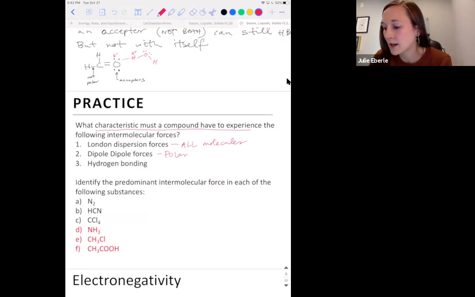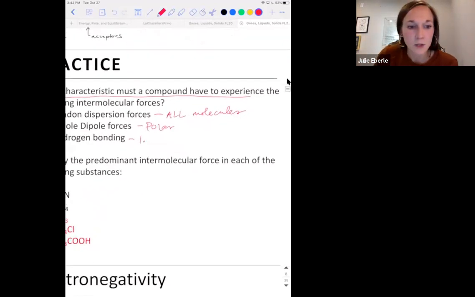Okay, hydrogen bonding, what were the requirements there? What kind of characteristics do you have to hydrogen bond? Well, number one, you have to have a positively polarized hydrogen. So I'm just going to draw the semi-plus H, a positively polarized hydrogen.